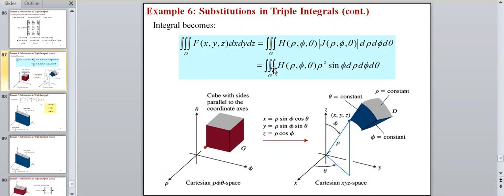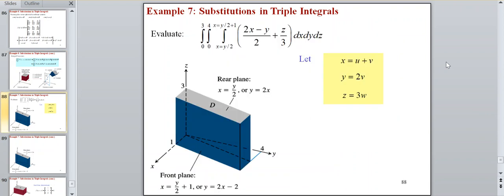So you can see we have the triple integral of h of rho, phi, theta, rho squared sine phi, d rho d phi d theta on G. It means under this substitution, region D is mapped to region G in this three-dimensional space represented by rho, phi, theta. So when we describe the region G, then we can start integration first with respect to rho, then with respect to phi, then with respect to theta.